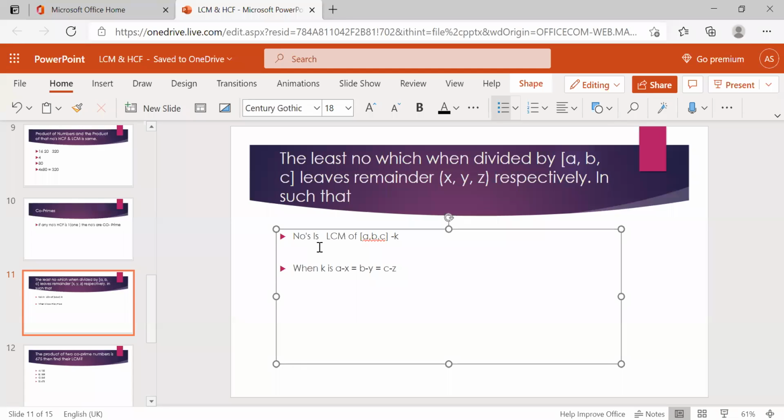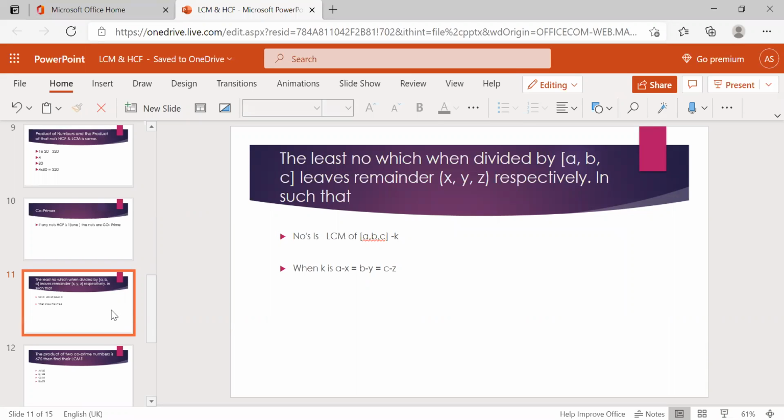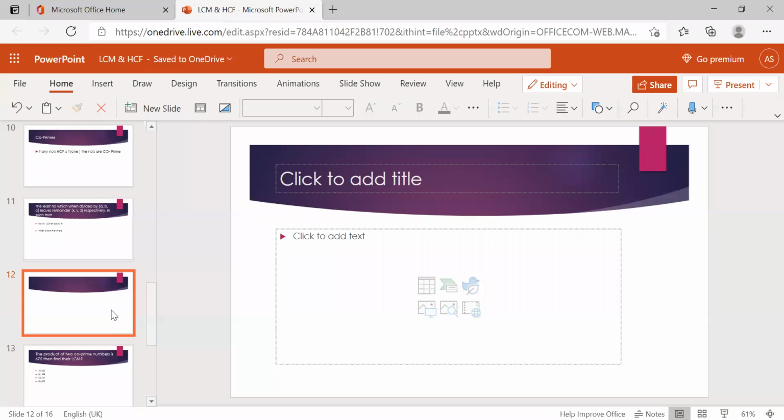And one more important point I'm going to discuss with you today. First of all, before going to solve the problems, we need to know all these things. If you want to solve LCM and HCF very fast without the traditional method, you should know the number system.